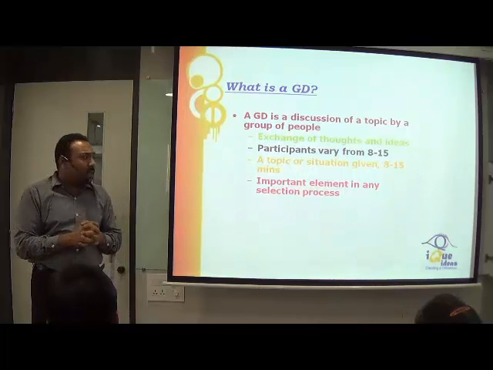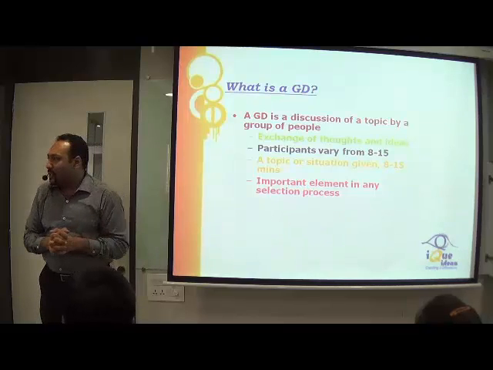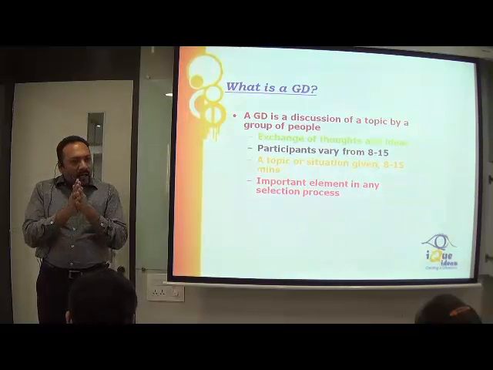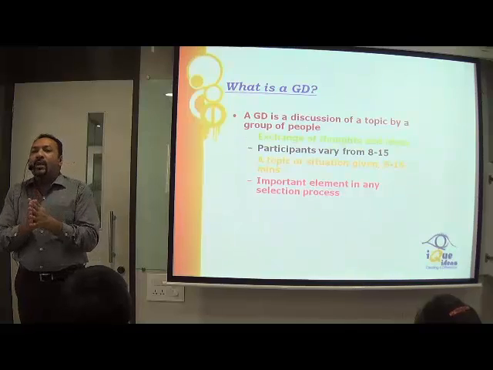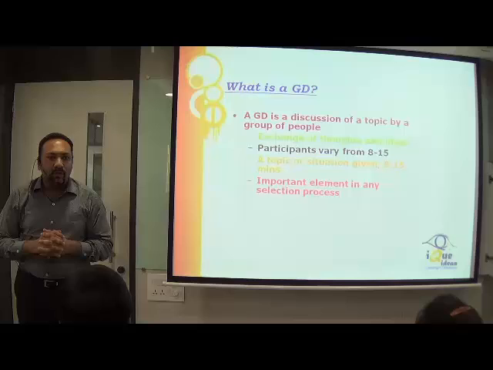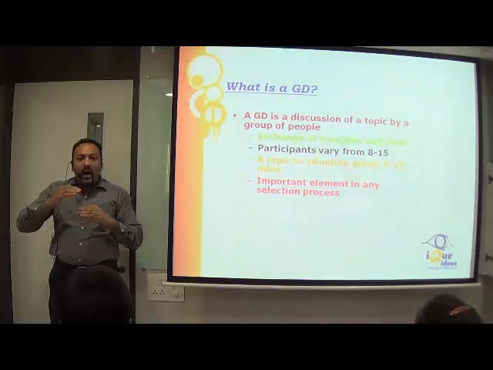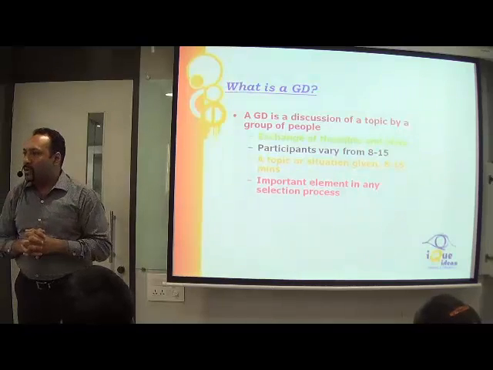Right? That generally consists the first round of the selection process. And in that, I eliminate people who are below a certain level of aptitude. And I invite students or people or candidates who are above a certain level of aptitude.